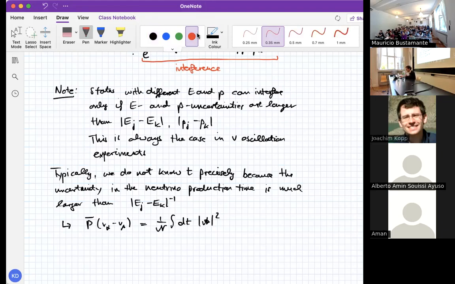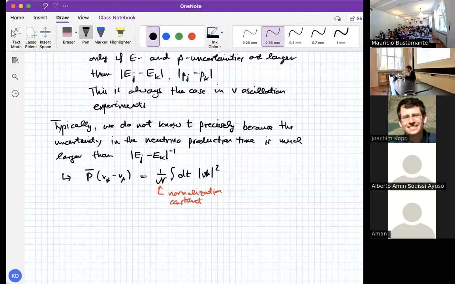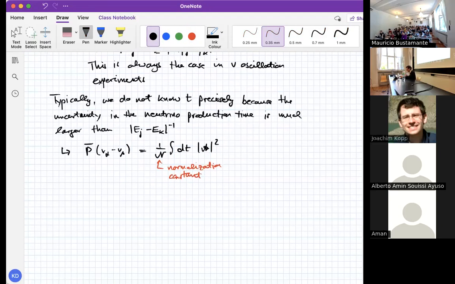And this normalization constant is chosen in such a way that this is properly normalized as a probability. If I didn't do that... okay, well, let's first do it without the normalization, and then you'll see what happens.